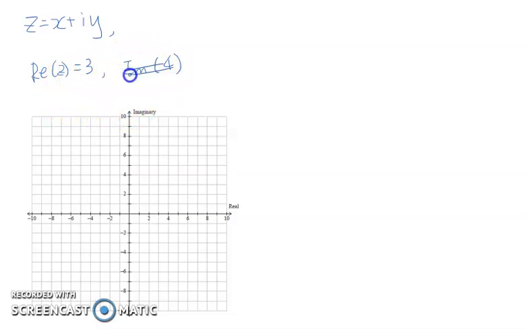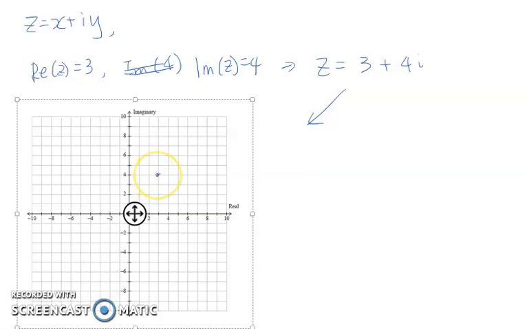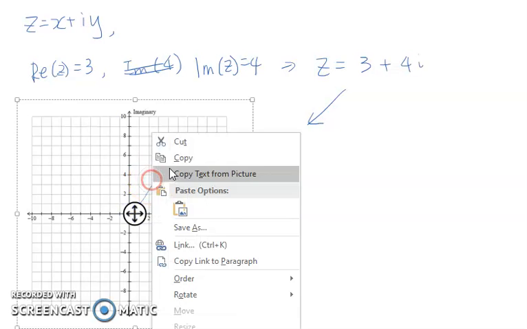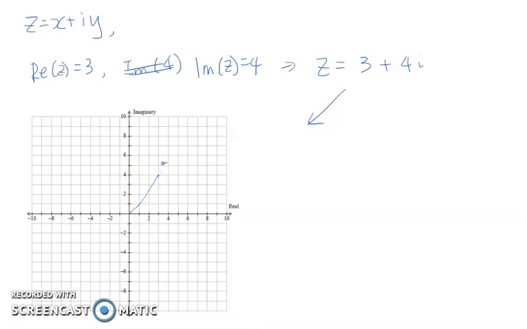So if the imaginary part is equal to 4, that actually tells me that this complex number is 3 plus 4i. Now this one is straightforward, so we just draw it on the Argand diagram. So real x is 3 and the imaginary x is 4. Okay, and I can draw a vector to show that this is z.